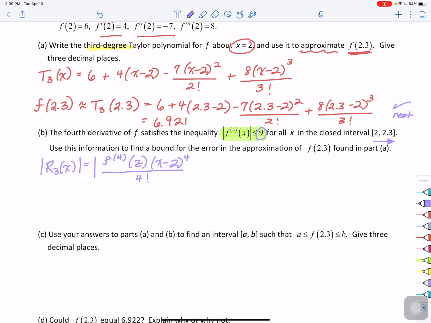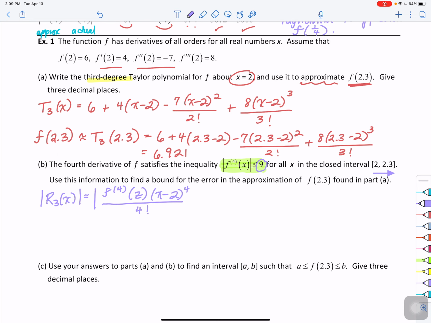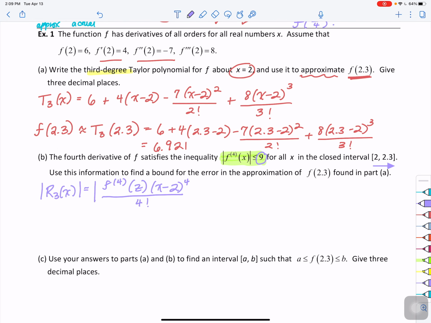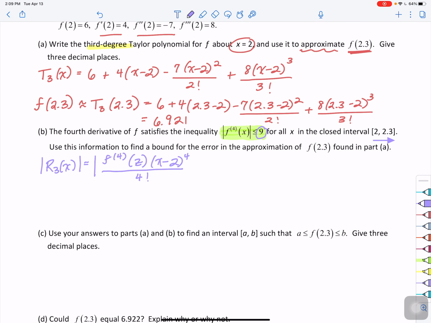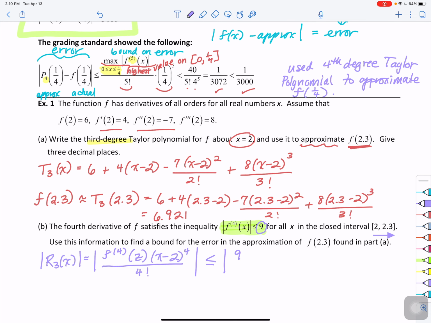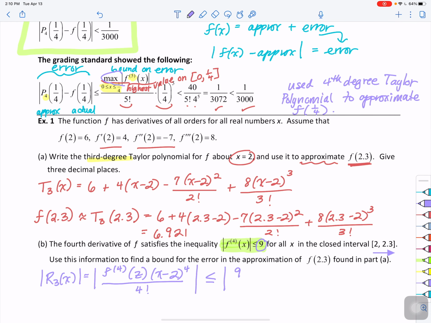Now, we won't have to go and get that. First of all, we don't even have the fourth derivative, okay? But what can we say? We can say that that error is bounded by 9. There we go. And 9 is that maximum value right here on that interval.